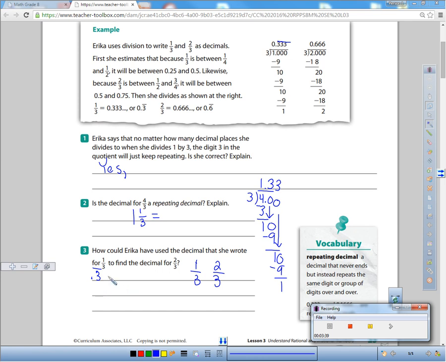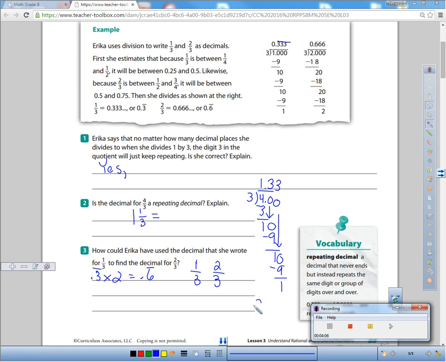Well, if I have another 0.3 repeating, so I'm going to add another 0.3 or double that, well, 0.3 doubled is going to give you 0.6. Okay, so that would end up with 0.6 repeating for 2/3.